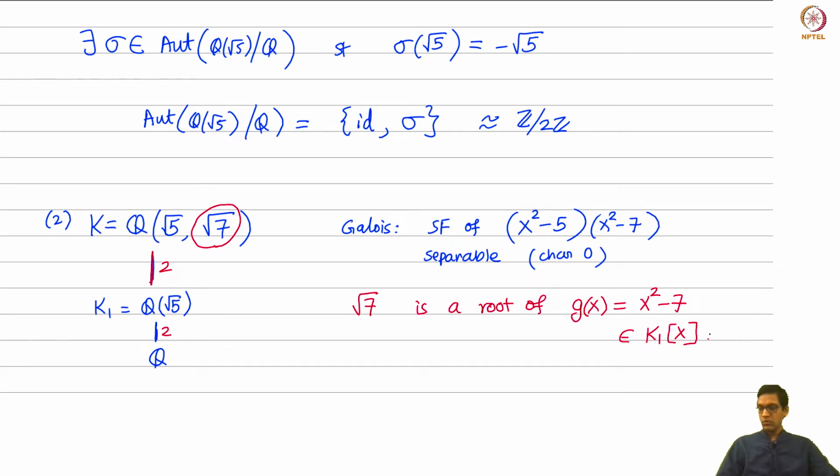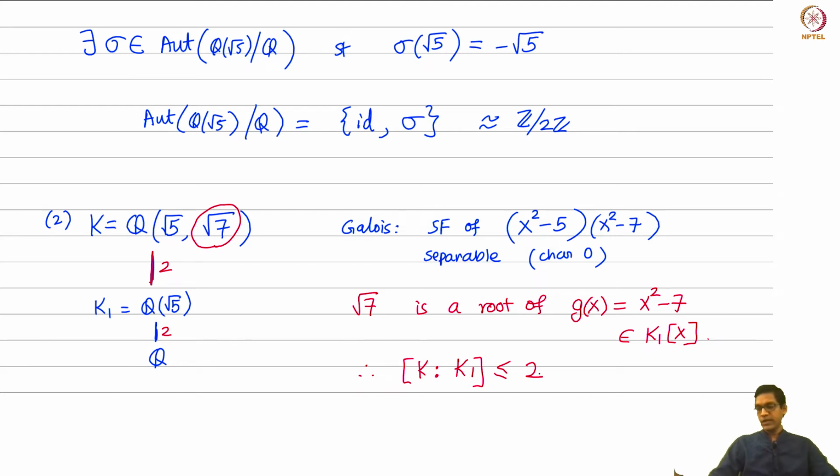So definitely square root of 7 satisfies this degree 2 polynomial, but maybe it also satisfies a degree 1 polynomial. We don't know that. In other words, could it happen that square root of 7 already lies inside k1? If that happened, then of course K over Q would only be a degree 2 extension. So this implies that K over k1 is at most degree 2.